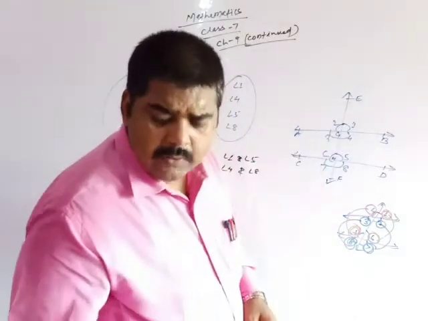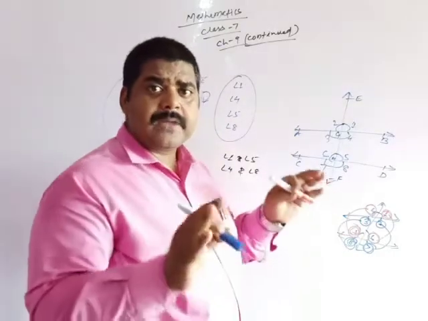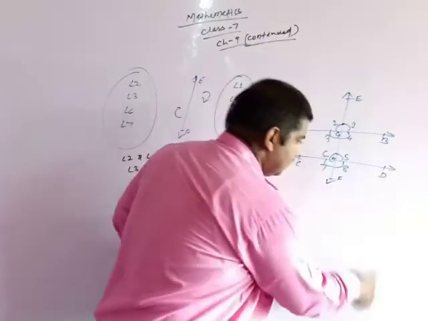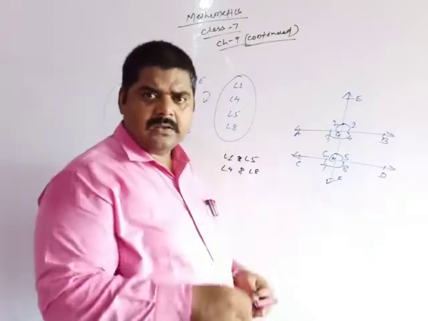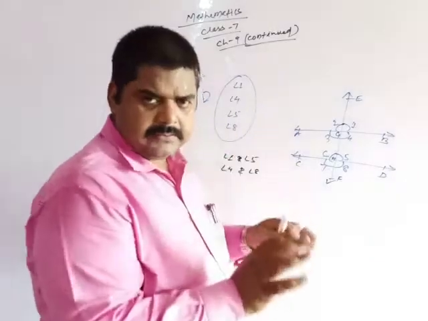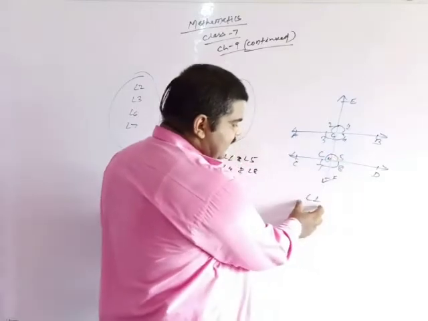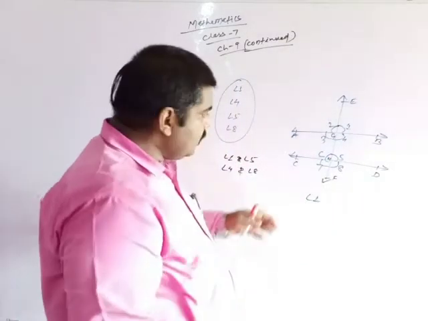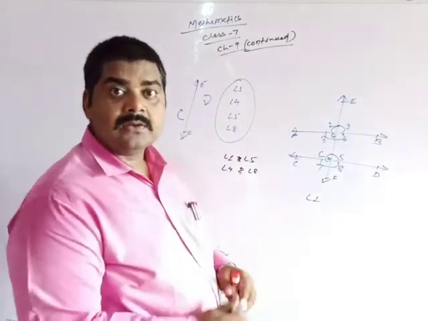Suppose that you have to discuss the case of angle 1, and it has been given, what will be the corresponding angle pair of angle 1? My dear student, you can see that I have taken angle 1, and I have to compare which one is the possible corresponding pair for angle 1.